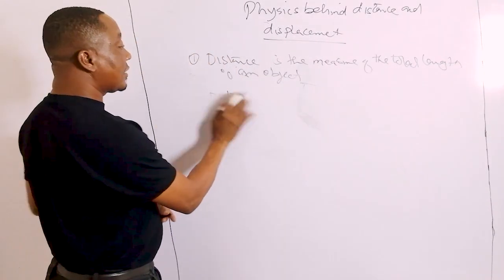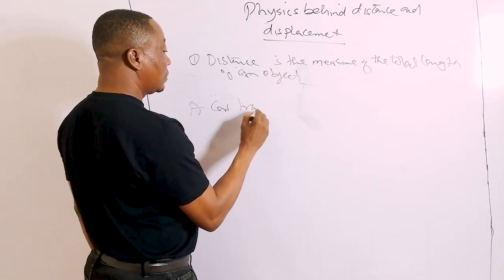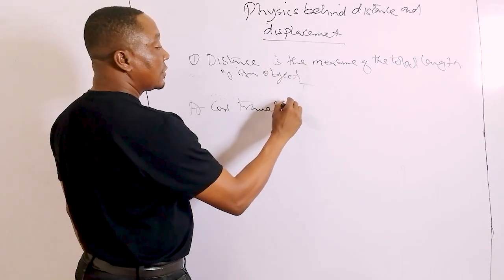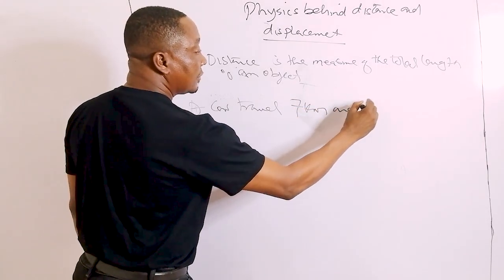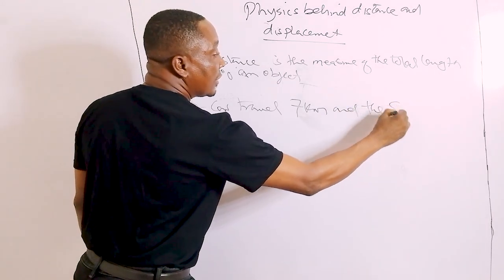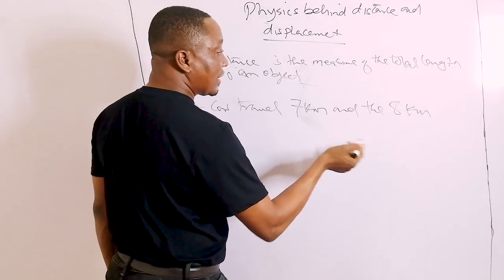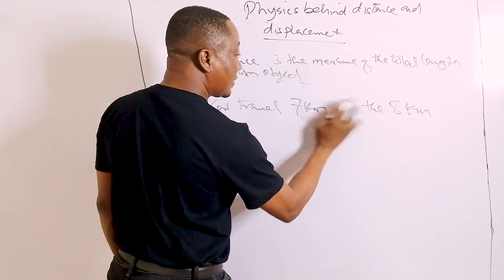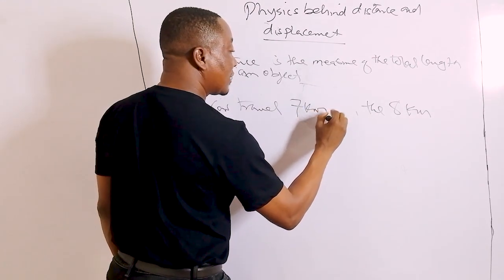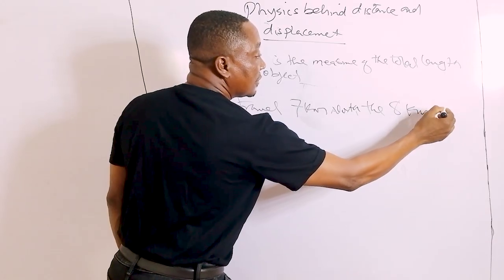For instance, a car travels 7 kilometers and then 8 kilometers. For instance, we can use the directions: 7 kilometers north and 8 kilometers south.